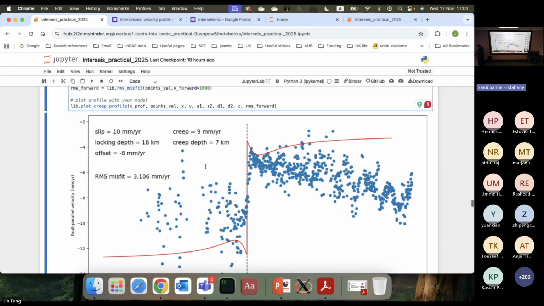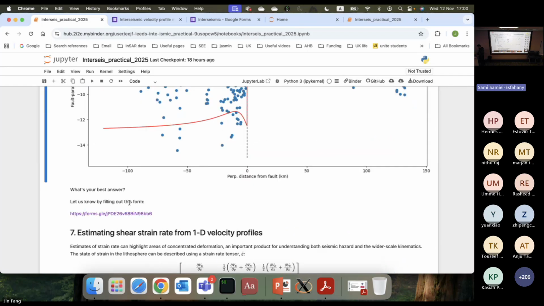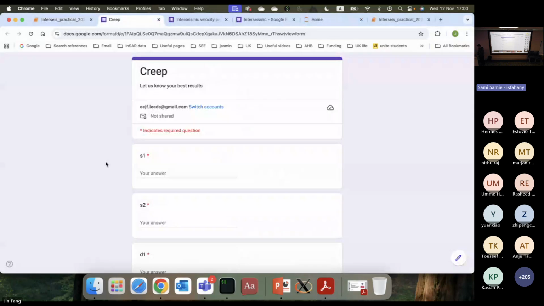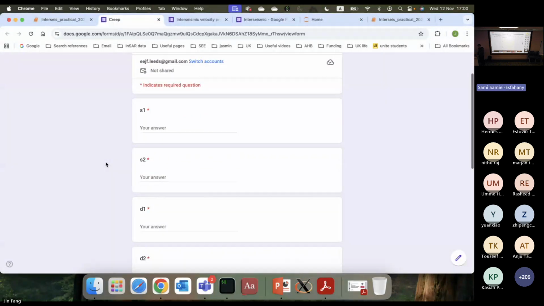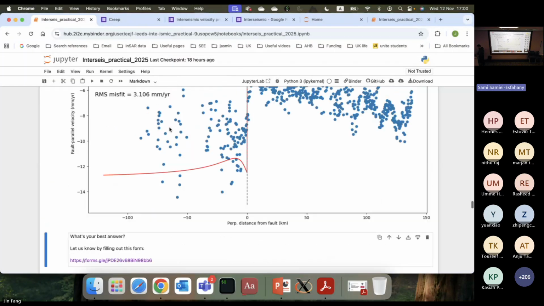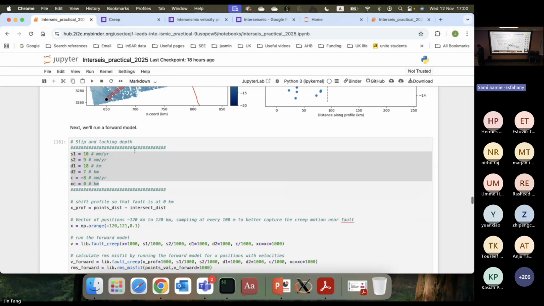And once you are happy with your answer, fill out this form. So we've got more free parameters, including creep rate and creep depth.